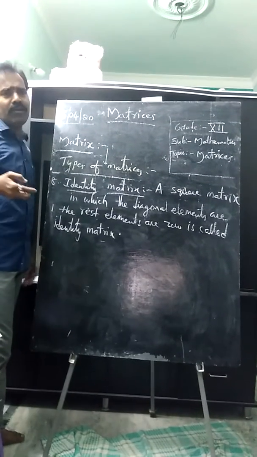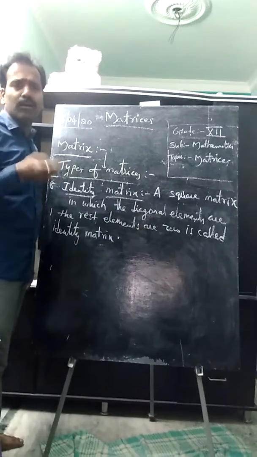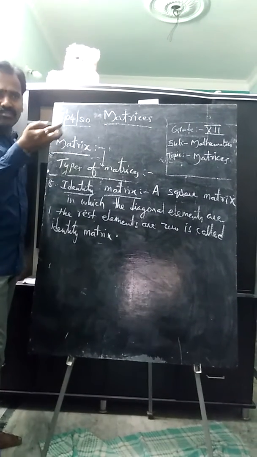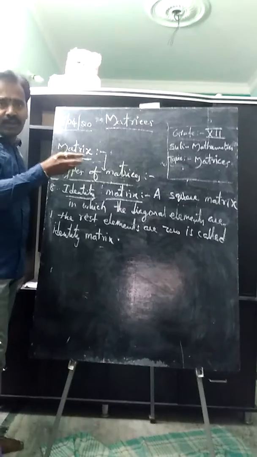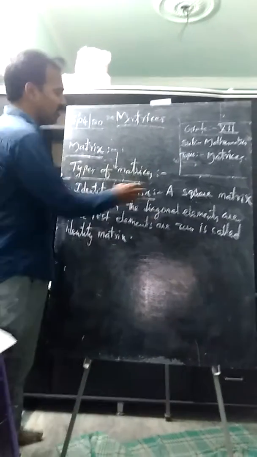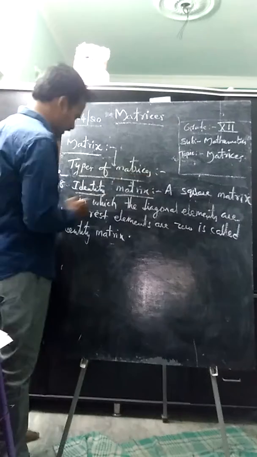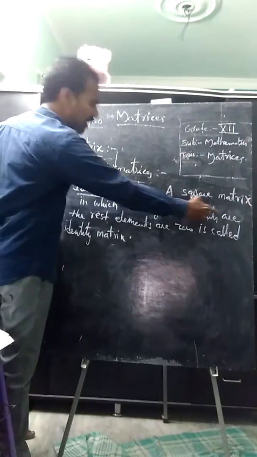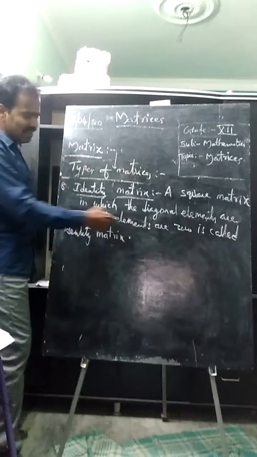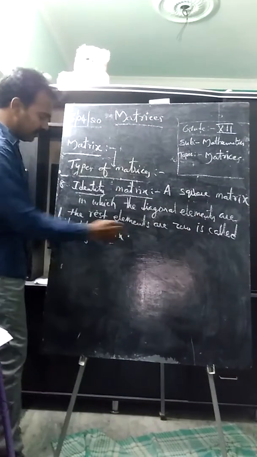Multiplicative identity means when you multiply any number by one, you get the same number. For example, 10 into 1 is 10, 10 plus 0 is 10. Similarly, in matrices also we have an identity matrix. That is a square matrix in which the diagonal elements are 1 and the rest of the elements are 0, is called an identity matrix.